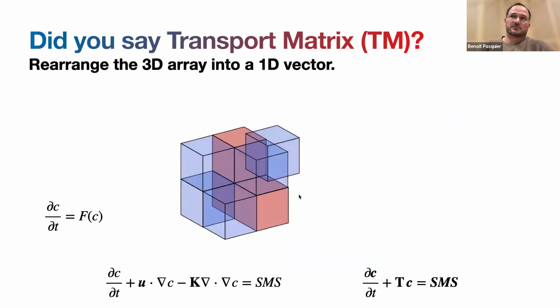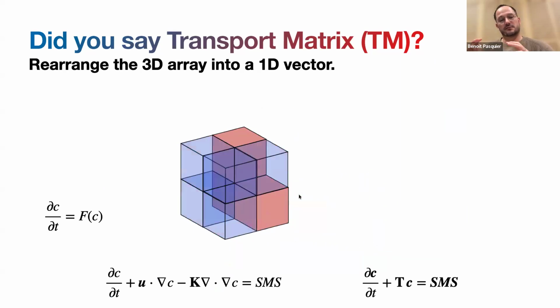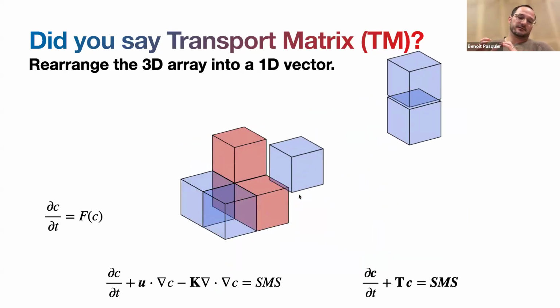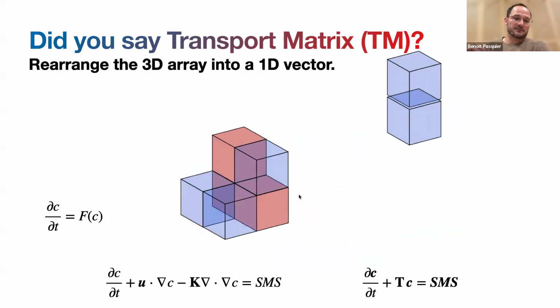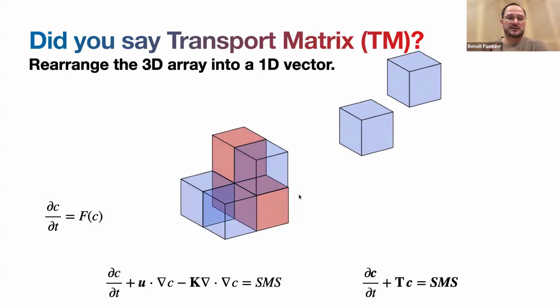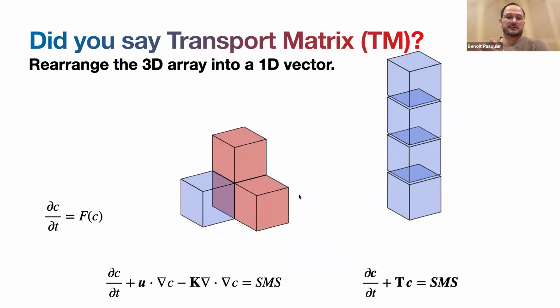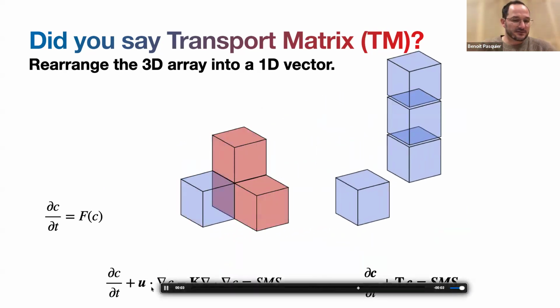When we say we're going to use a transport matrix, we are simply rearranging the 3D array of the tracer, the 3D grid of the model, into a 1D column vector. And when we do that, all the processes that are linear, like the advection transport, can be represented as a matrix. Can you see my cursor, just to be sure?